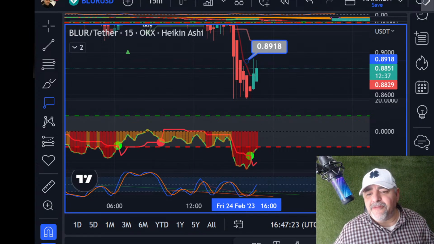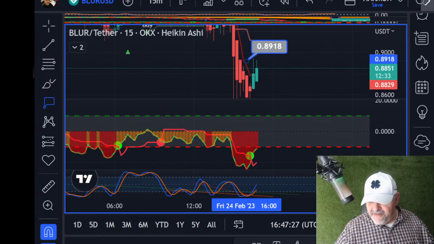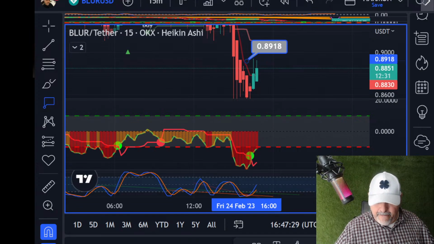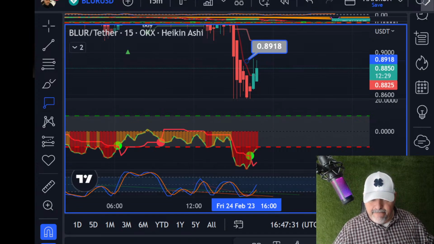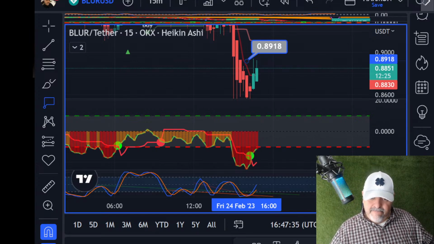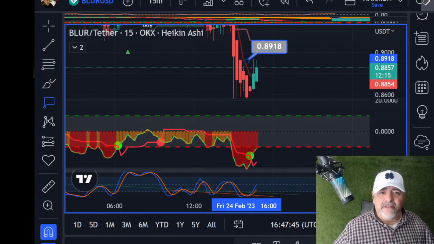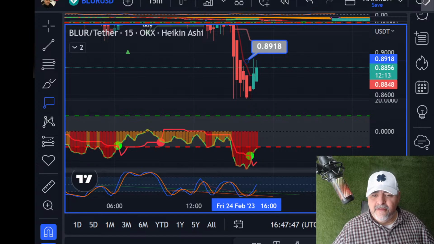We're just going to see what the percentages are. We entered a small, what is it, a 5x on there? Yeah, I think Blur can only do 5x. So right now, 5x on Blur for a short on margins. All right, let's take a look at this other thing here.